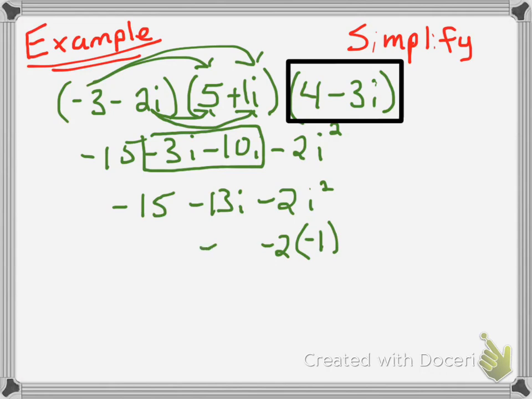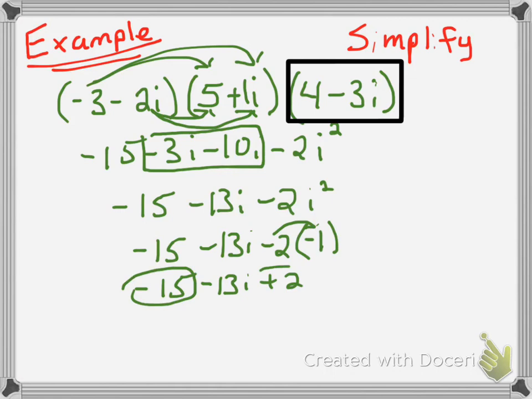Remember we talked about that last week. And just keep on going with it. Okay, negative 2 times negative 1 is positive 2. Bring everything else down. And then combine like terms again. Negative 15 plus 2. That is negative 13 minus 13i.